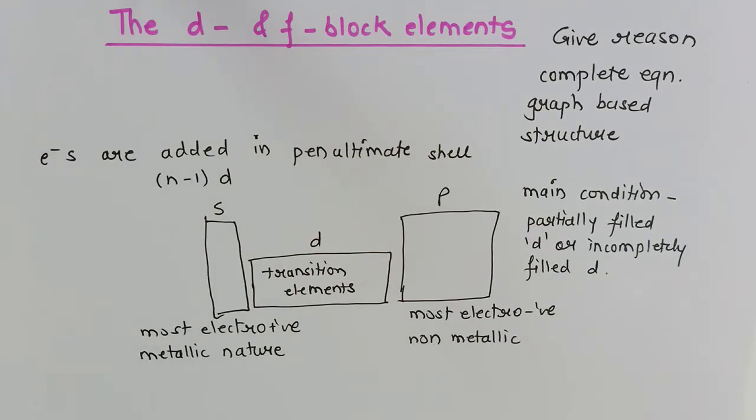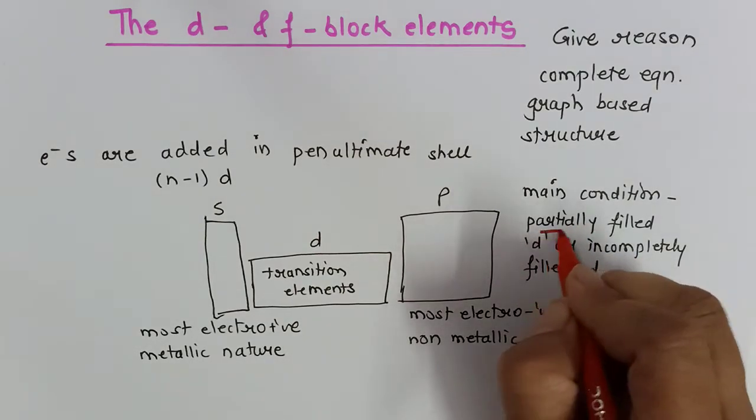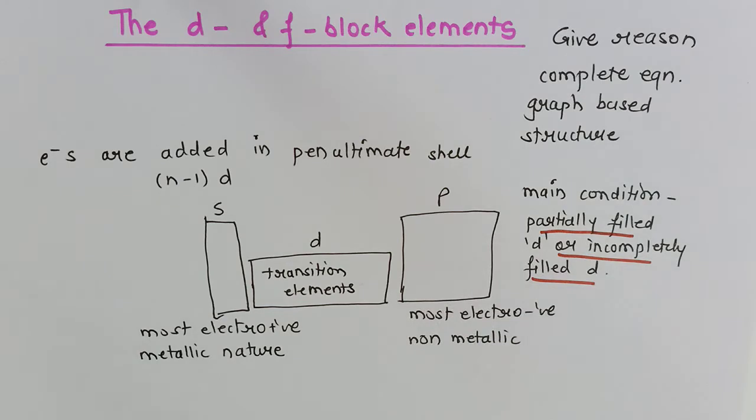Then only we can say it is an element of D block. If the D orbital is completely filled or if it is vacant, then it will not be an element of D block. Based on this condition, there can be some good questions in your board exams.